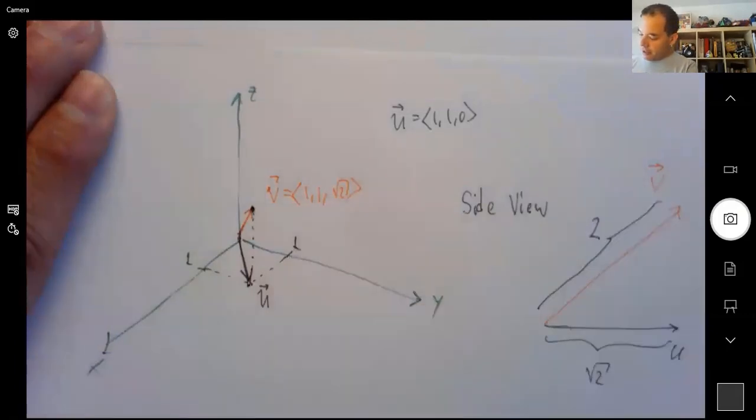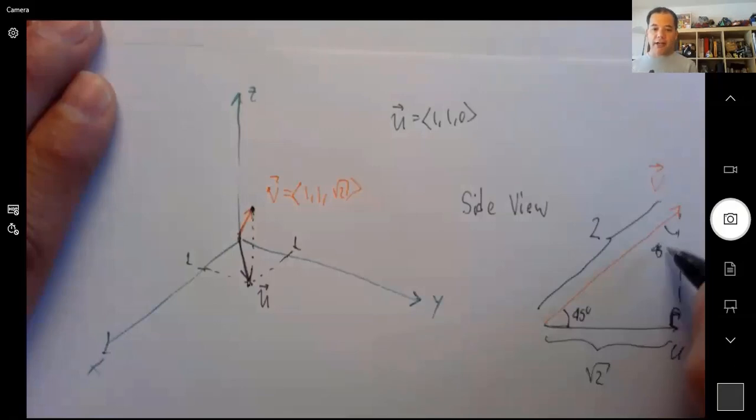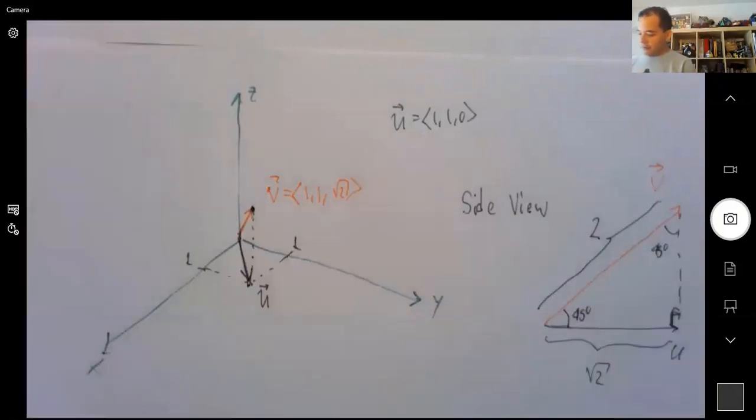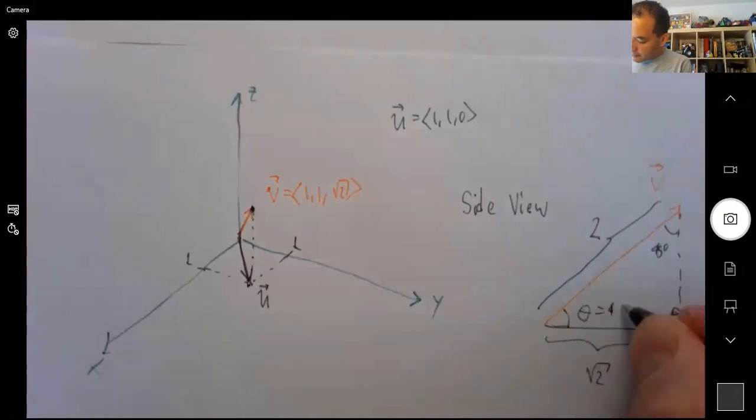When you realize that this is a right triangle, the proportion is square root of 2 to 2. That means this is a 45-degree angle. We were lucky here that we got an angle that we can recognize. So it's a 45-degree angle here and there in both of them. That's our theta: 45 degrees or pi over 4.